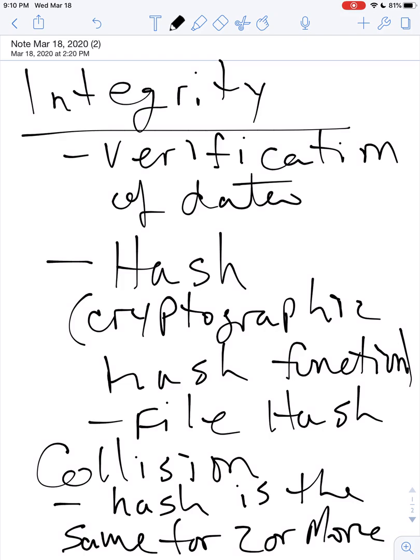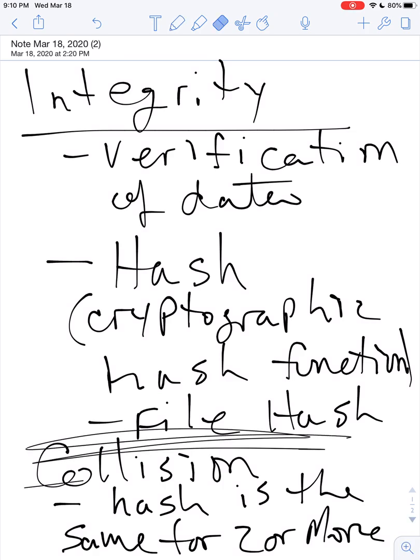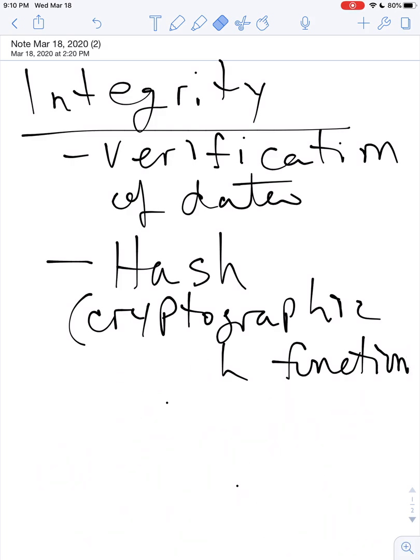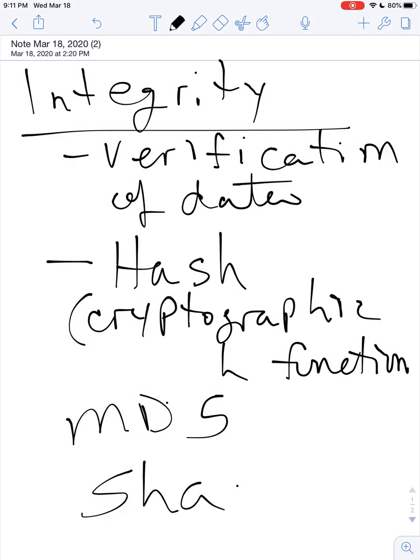The two file hash algorithms that are used most often are MD5 and SHA. Both of those are typical file hash algorithms you'll see. You will see SHA version 2 being used more often than MD5 at this point, but you'll still see MD5 used quite a bit.